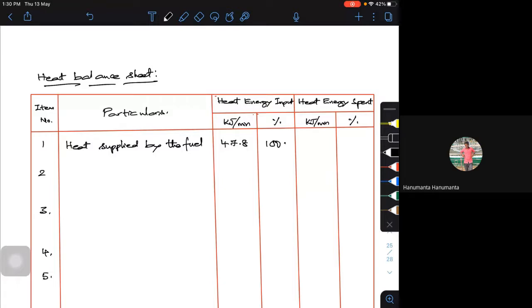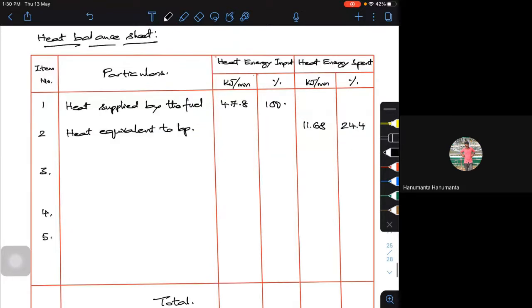Then heat equivalent to brake power, that is the heat that is getting converted to brake power, the spent energy, which is 11.68. How to get the percentage of it? 11.68 divided by 47.8 into 100. If you put that, I am getting around 24.4. I'm rounding off to 1 or 2 decimals, don't worry about that.